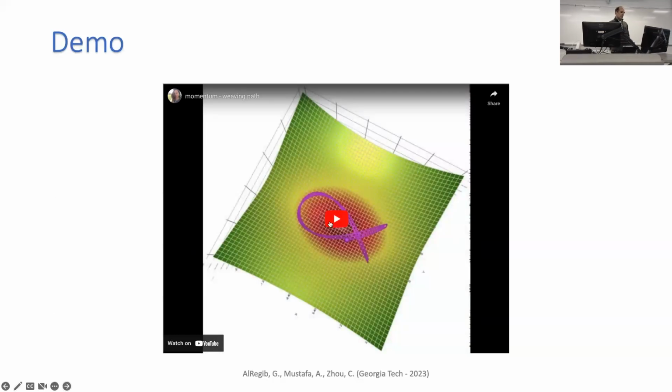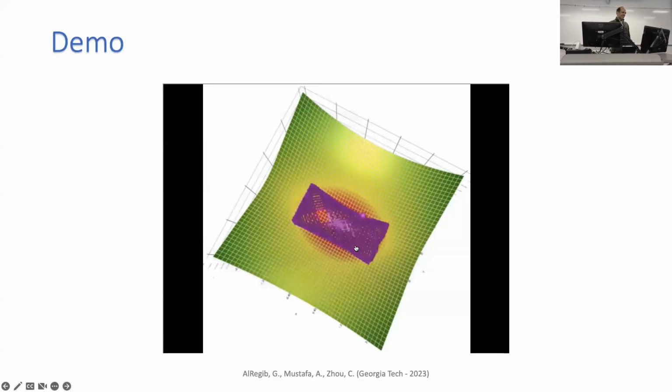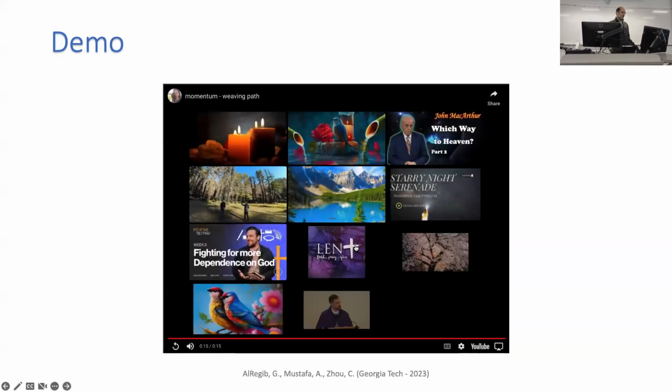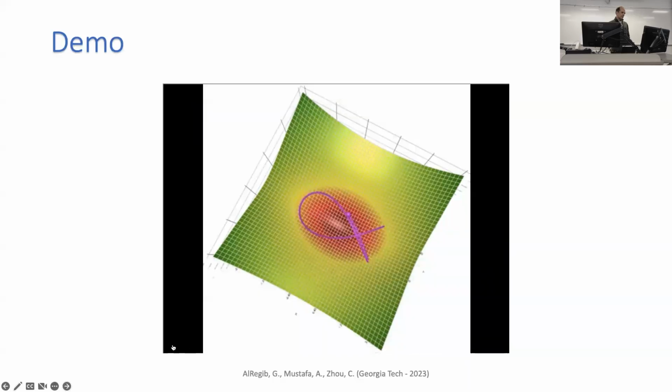Finally, she really went overboard to create art. That's what the author of this visualization did. So I just want to put it again. I put the link on Canvas if you want to use it.